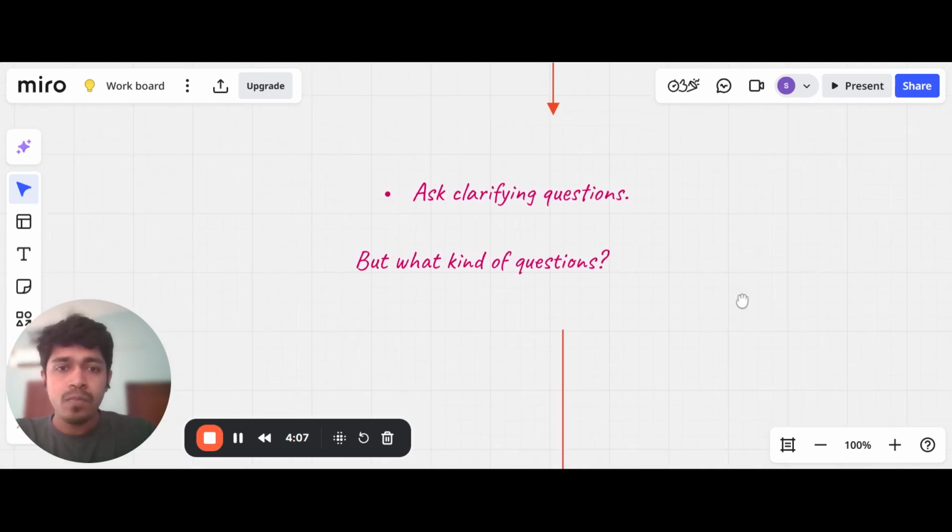And as I mentioned, clarifying questions. What kind of questions should we ask? Should we ask about the user segments? Should we ask about their pain points, right? And what I have noticed before, 3-4 years back, I was a beginner, right?